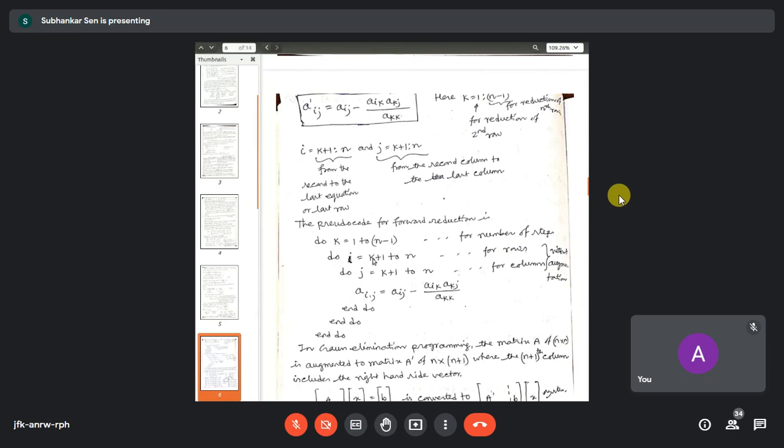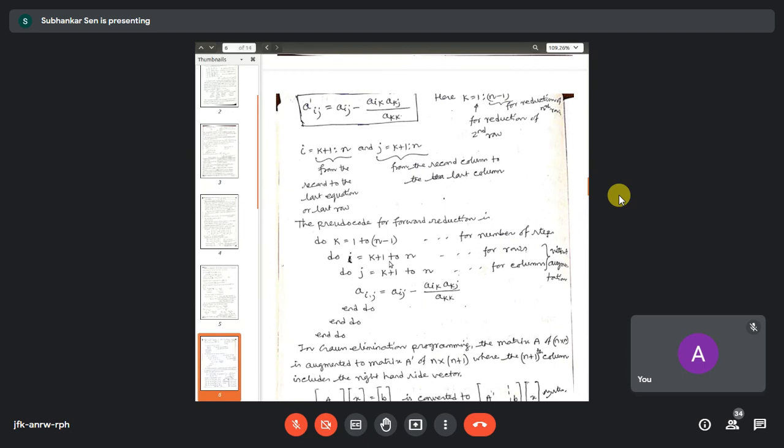You can interchange the loops of I and j, but k should be outside. Your k is the operation, how many reductions are required, so that you have to fix first. So it is outside. So for this particular step, for the first reduction, you change the rows from k plus 1 to the nth row.